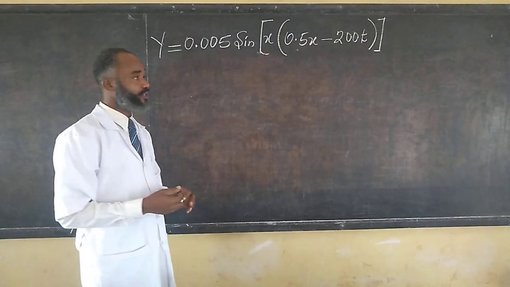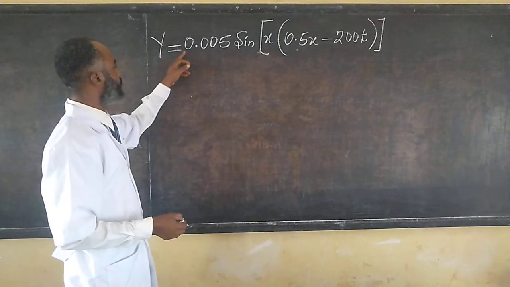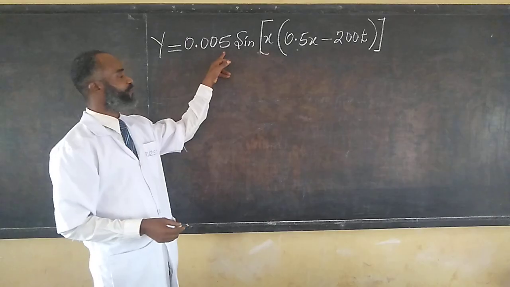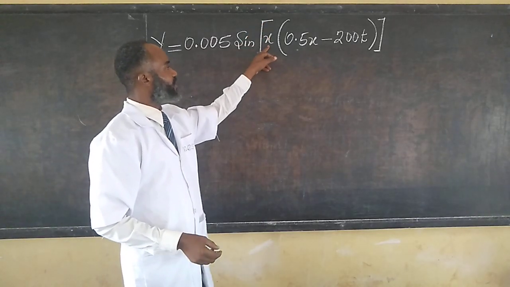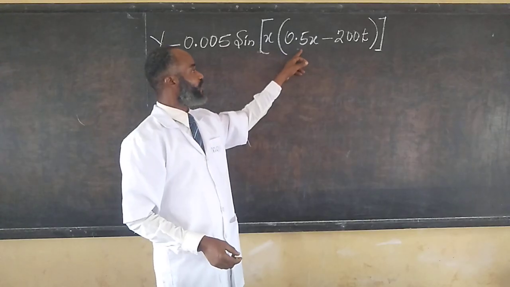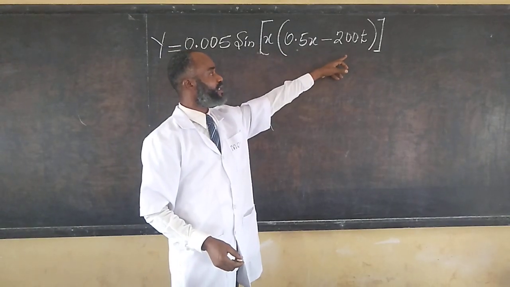The progressive wave equation is given as y equals 0.005 sin(x(0.5x minus 200t)).